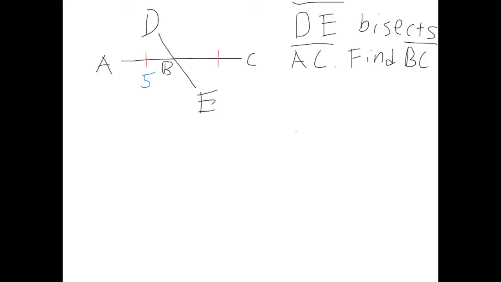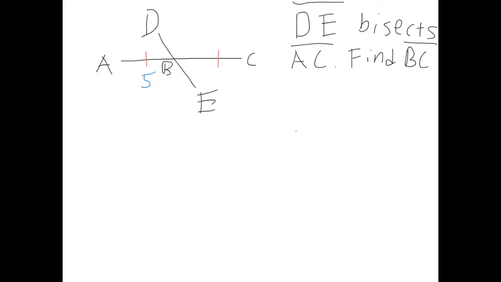Alright, so here's our first example. Say we have a line segment DE and it bisects line segment AC. We know that line segment AB is 5. What is the measure of line segment BC?